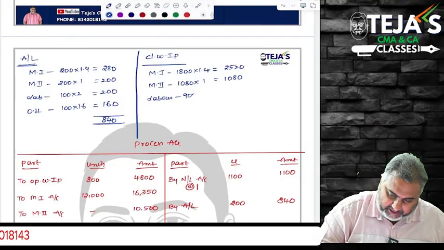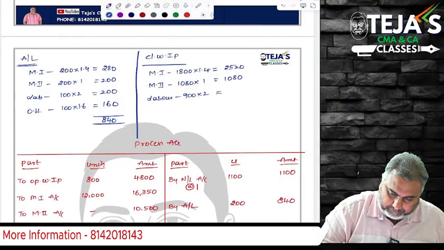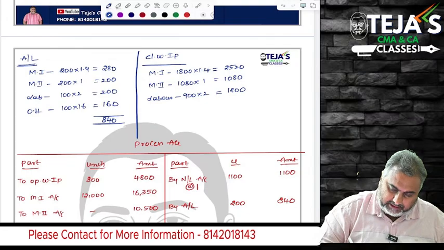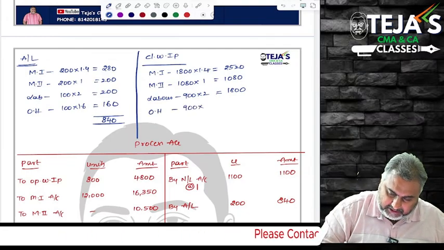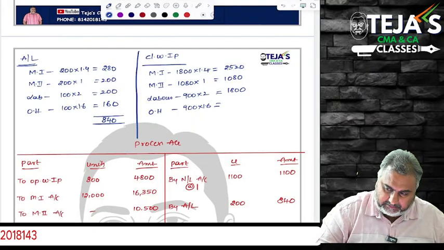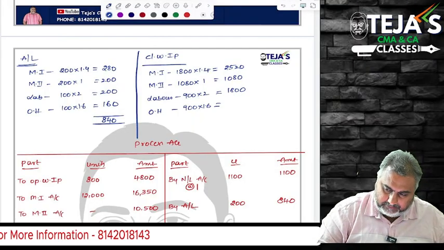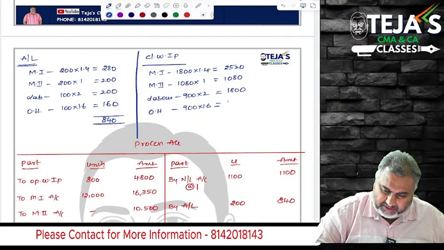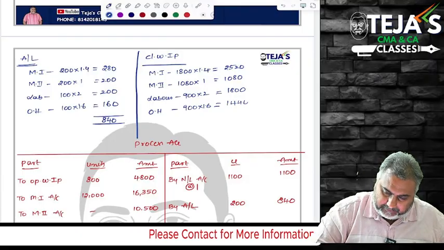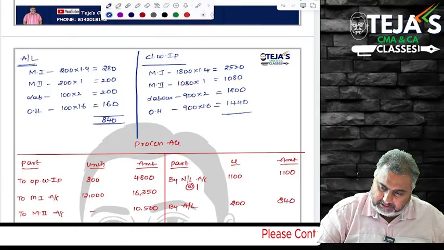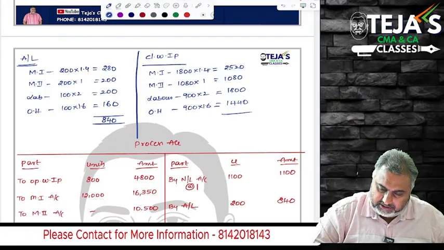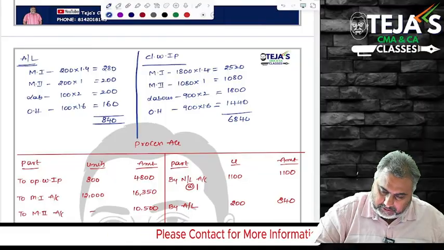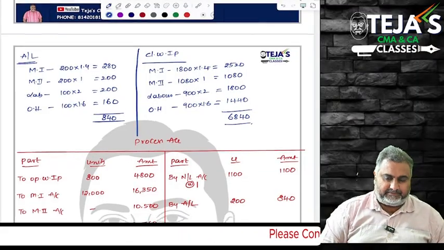Labor 900 into 2, 1,800. Overheads 900 into 1.6, 1,440, plus 1,800, plus 1,080, plus 2,520: 6,840 closing work in progress.